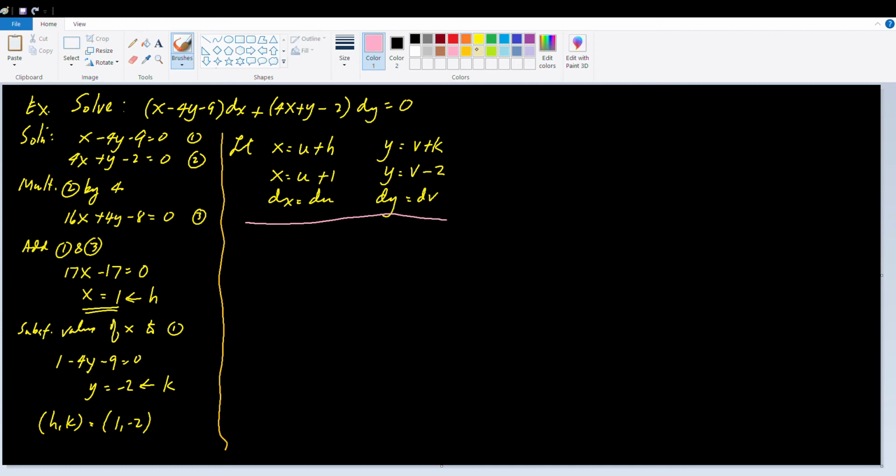What will happen? So x becomes u plus 1 minus 4 times y, which is v minus 2, minus 9 dx, plus 4x, which is u plus 1, plus y, which is v minus 2, minus 2 quantity dv equal to 0.